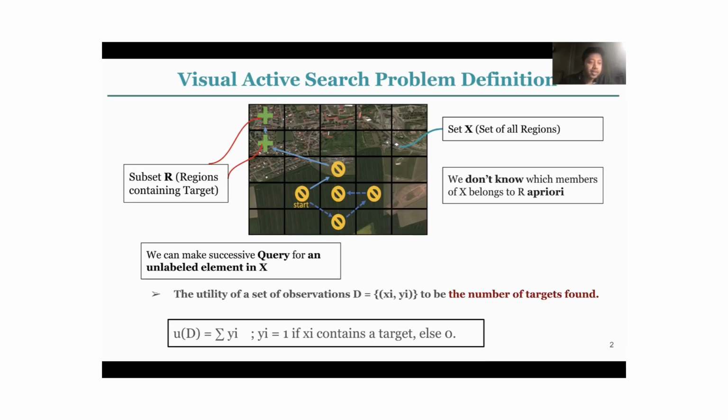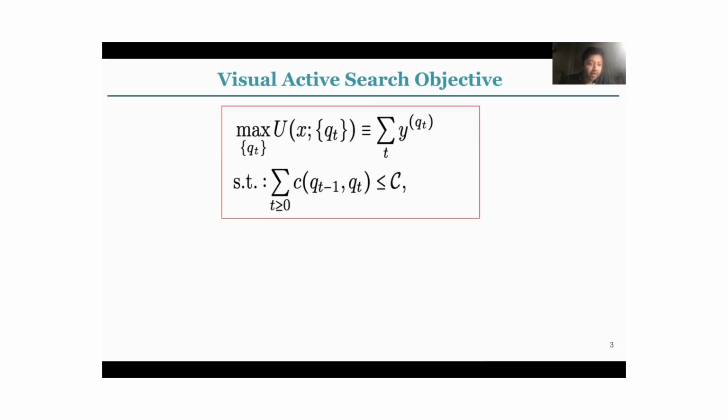A query is successful if the queried subregion or grid cell contains one or more instances of the object we are searching for. So the objective of visual active search is to maximize the utility, which is defined as the sum of the true labels of the query outcomes, such that we are allowed to query sequentially until the search budget is exhausted.